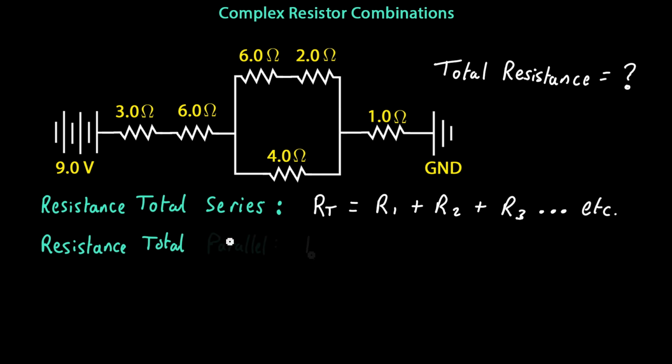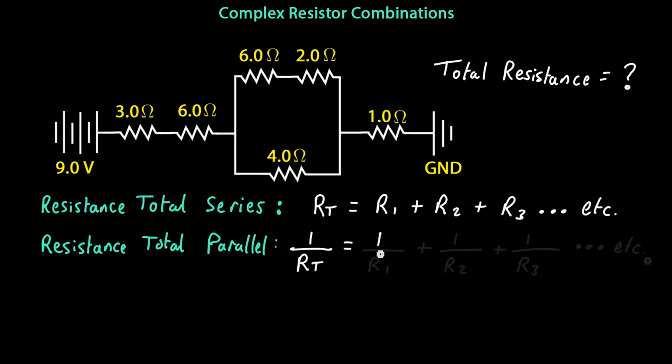The second equation tells us how to calculate the total or equivalent resistance of a set of resistors connected in parallel. So now, with our complex circuit above, we are going to locate sections of the circuit that have resistors in series and calculate their equivalent resistance, and then we'll focus on resistors in parallel.